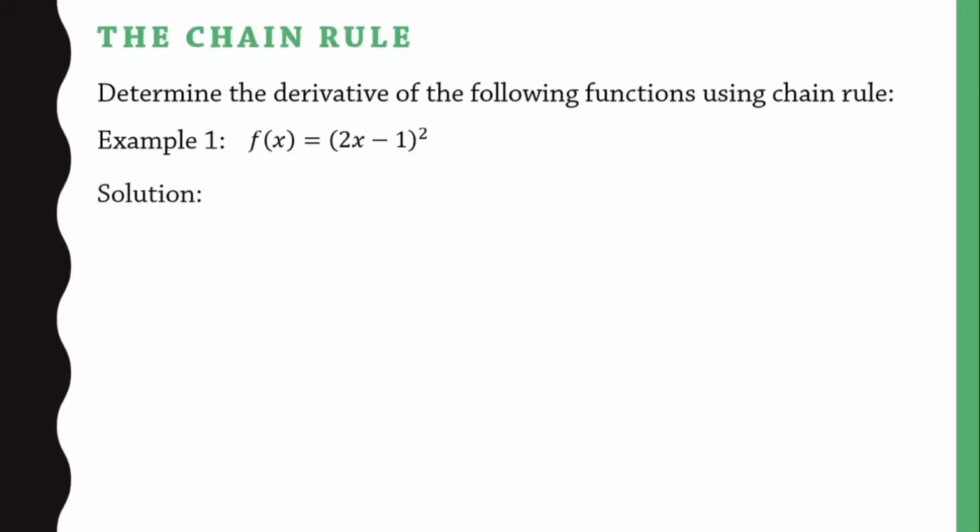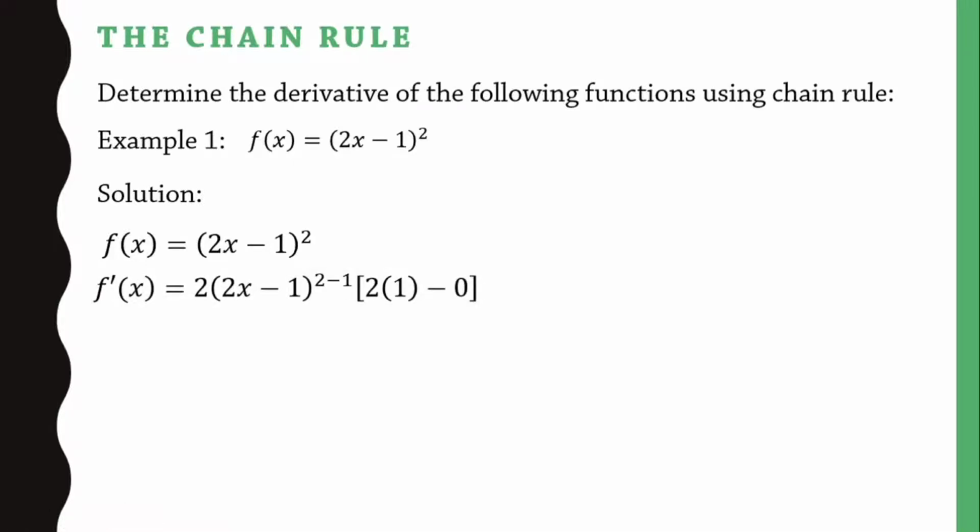To find the derivative using the chain rule, we treat 2x minus 1 as our function g of x. What we do first is get the derivative of this function using the usual power rule.